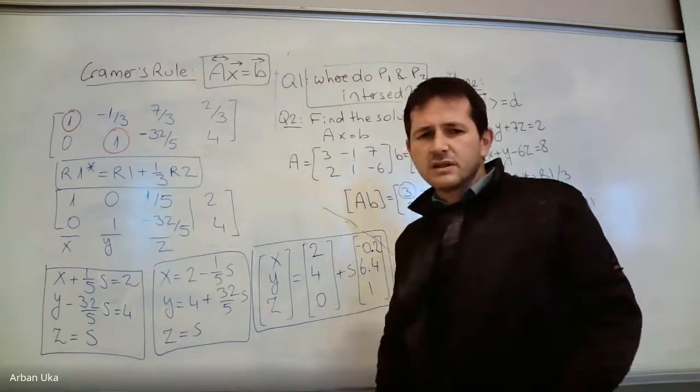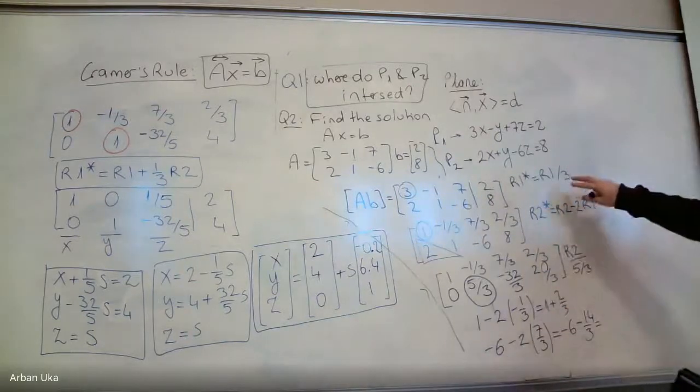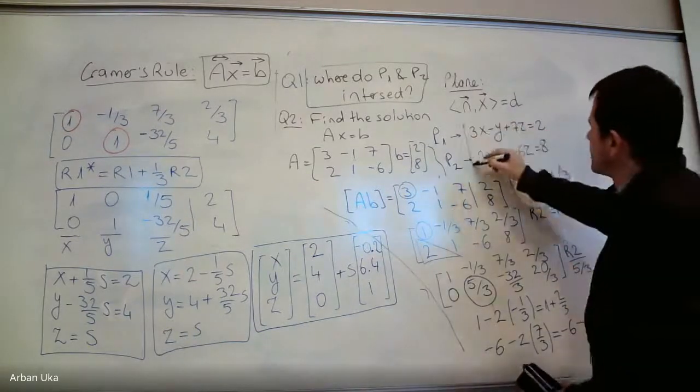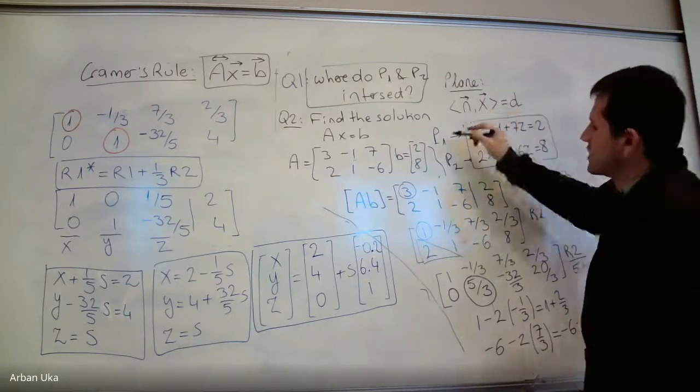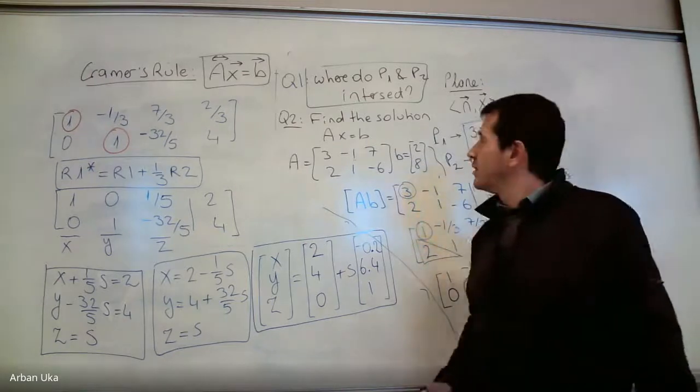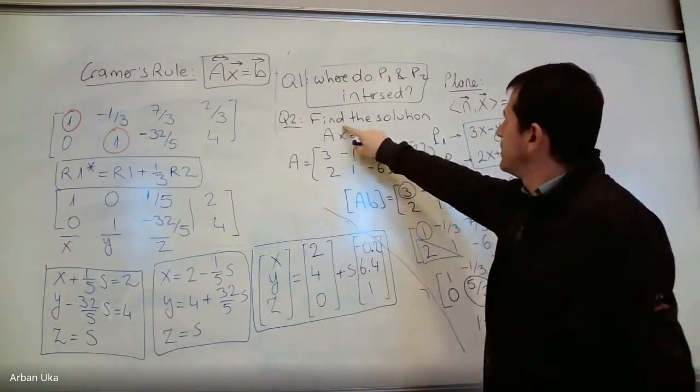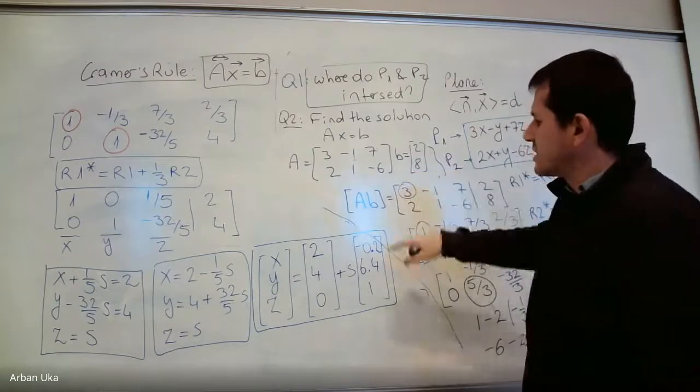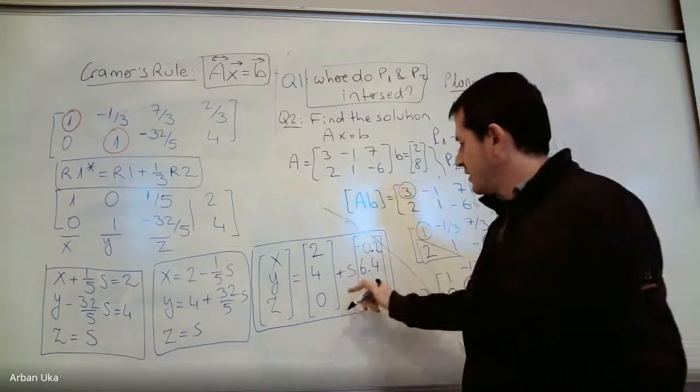So we started with 2 randomly assigned planes. And the question was, where do they intersect? Or we can say, find the solution of this system. So this is how we defined it. And finally, we found it.